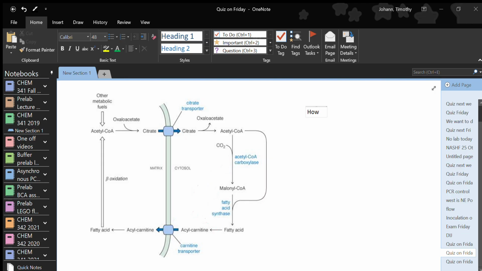So how would high levels of malonyl-CoA regulate the carnitine transporter?